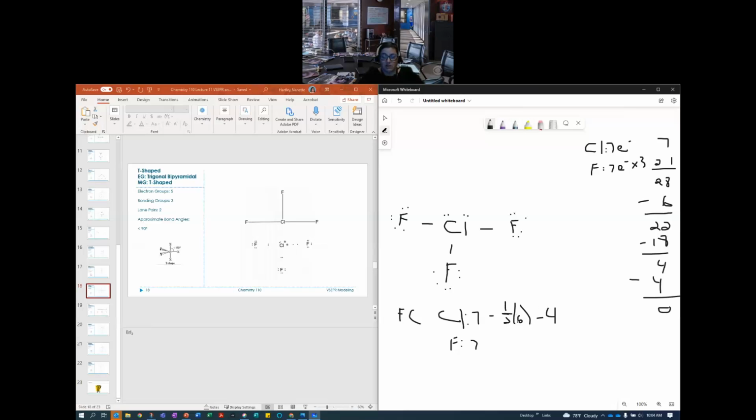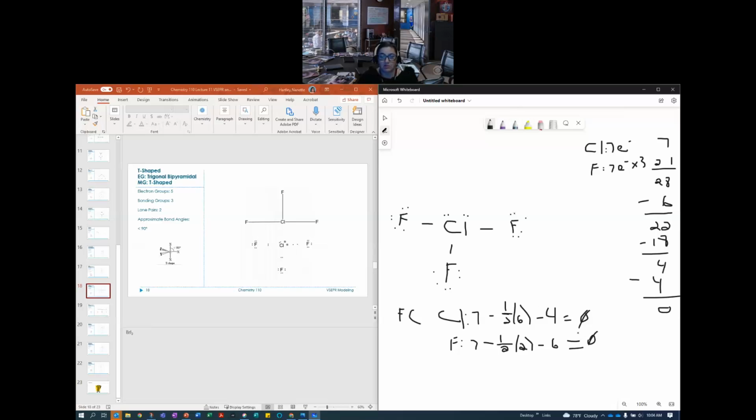So if I take half of the 6, that's 3, and 7 minus 3 minus 4 gives me 0. If I take my 7 for fluorine, half of the 2 from the bond, and the 6 from the lone pairs, that also gives me 0. Hooray! Nobody has formal charge. All of my electrons are put out there. Sweet! I've got my structure.